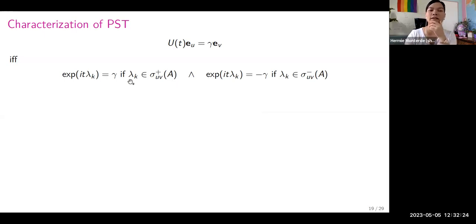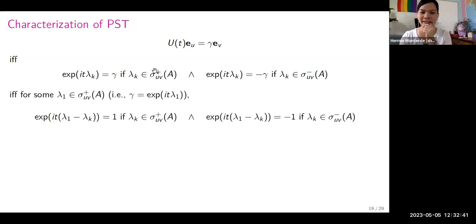So, okay, just think of this as the exponential of i t lambda j, where lambda j is gamma if it sits in here, or negative gamma if it sits in here. This gamma turns out to be unimportant because this is really what happens here. If I fix an eigenvalue sitting in here, then gamma is just exponential i t lambda 1.